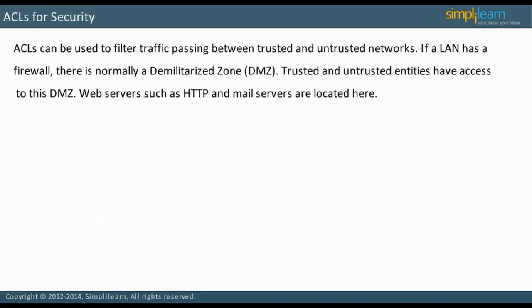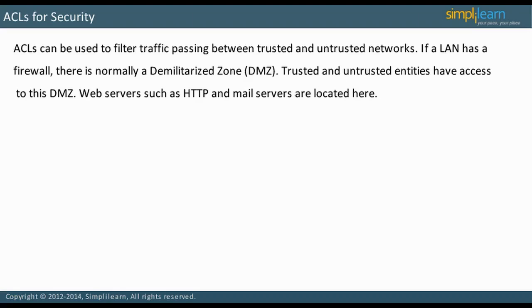ACLs can also be used to filter traffic passing between trusted and untrusted networks. A trusted network is one that you have administrative control over and you trust that its traffic is relatively safe. According to Cisco, an untrusted network is not trusted. A firewall device or firewall software is often used to separate a trusted network from an untrusted network.